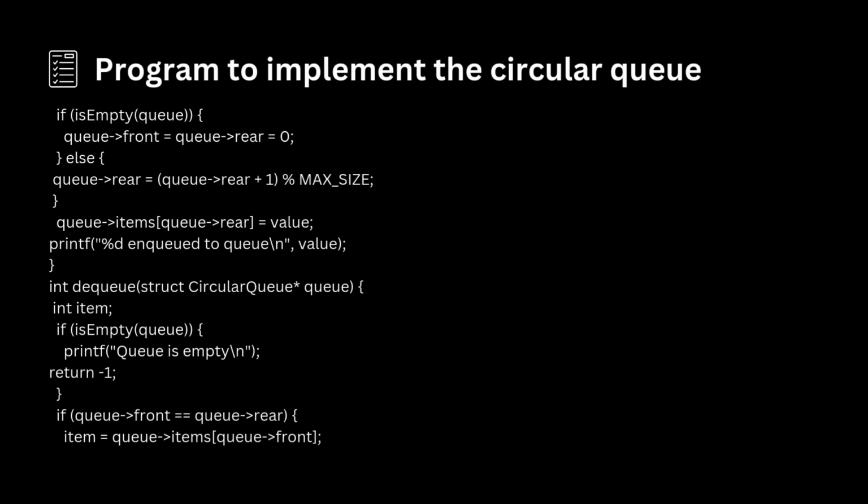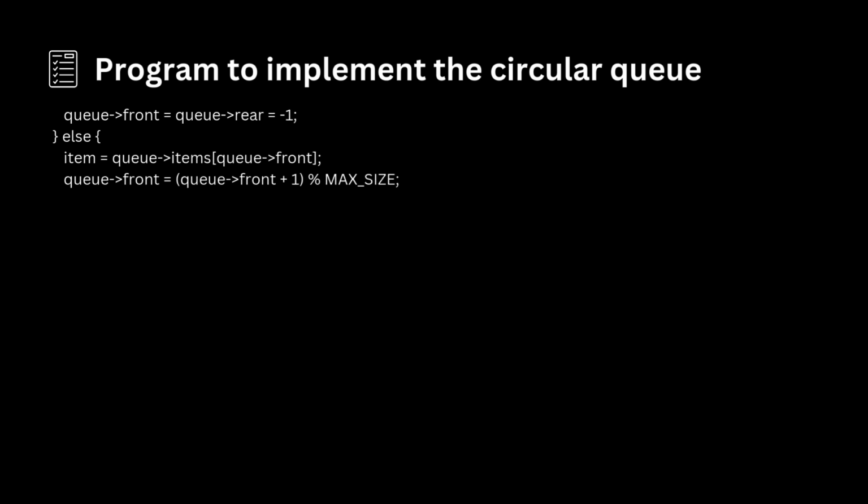If there is only one element in the queue, it removes that element, sets both front and rear to -1 and returns the removed element. If there is more than one element in the queue, it removes the element at the front of the queue, updates the front by incrementing it using (front + 1) % max size, and returns the removed element. This also allows for circular wrapping around the array. Finally, it returns the removed element.